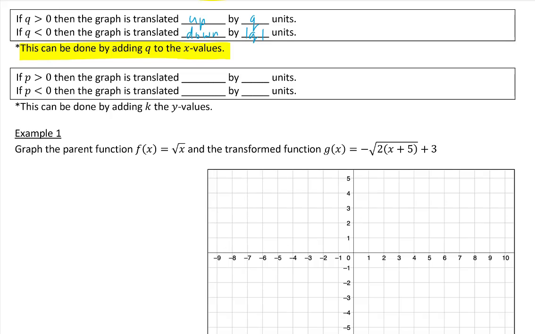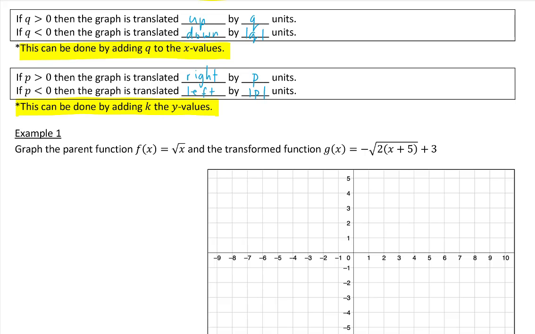And finally, the p value. If the p value is positive, then the graph is translated right by p units. And if the p value is negative, the graph is translated left by the magnitude of p units. And again, we'll look at this note in just a moment.